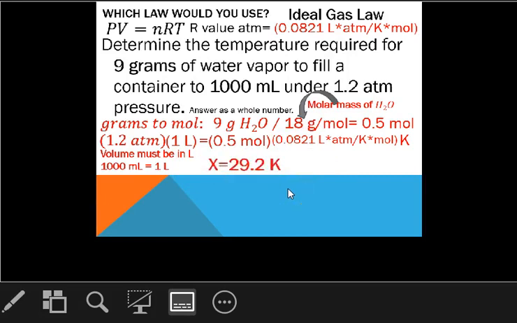That gives you 29.2 Kelvin. But remember, we don't report in K, we report in C. And so it is 244 degrees Celsius.